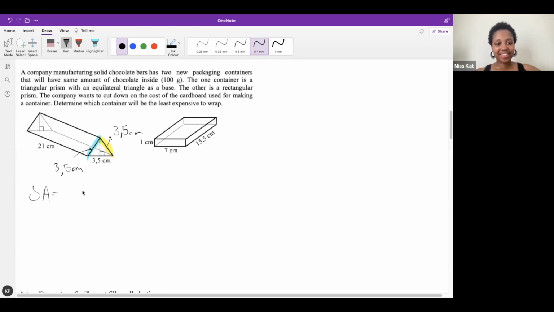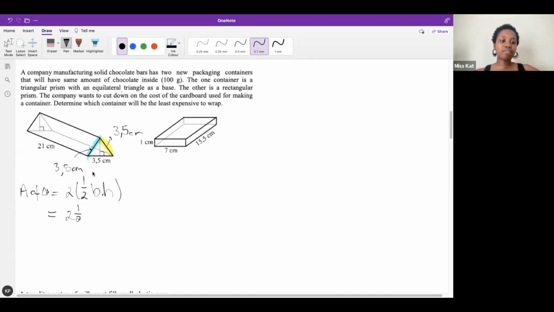Is the formula 2.5 base times height? 2 times a half base times height. If you say 2.5, Mikhail, you are confused. Okay, let me do this. Let me say area of triangles.